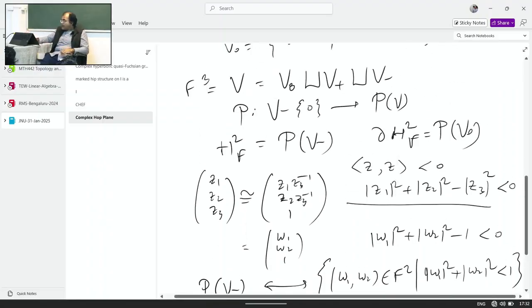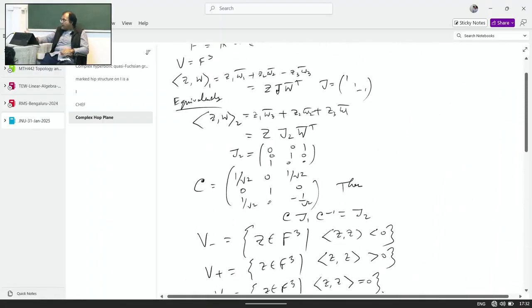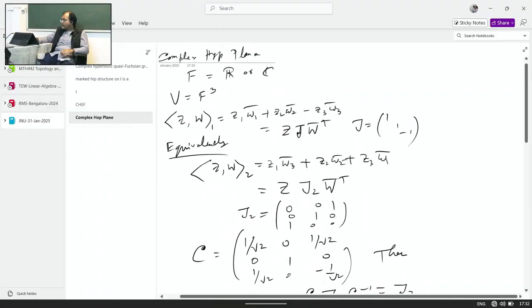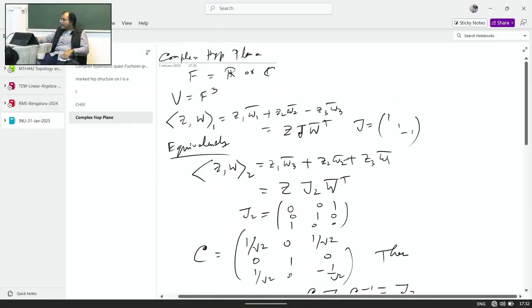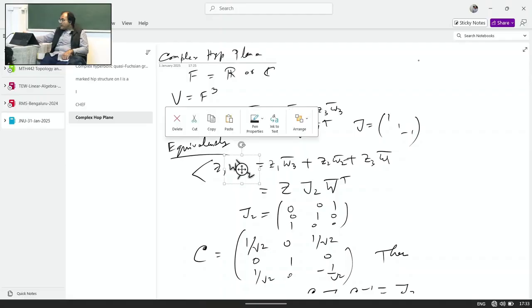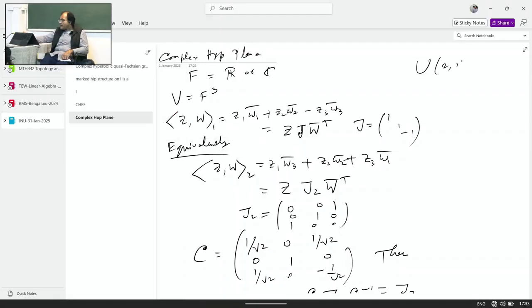And you started with this bilinear form. Now, in linear algebra, take the set of all matrices which preserve this Hermitian form. That set is precisely U2,1, because this satisfies J, Z, J, W star.